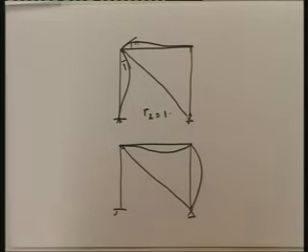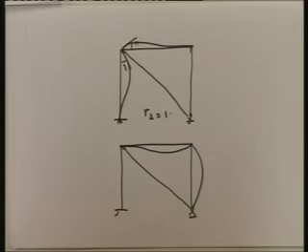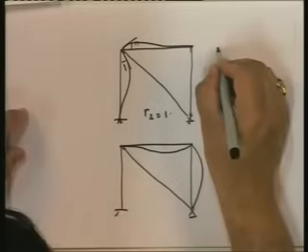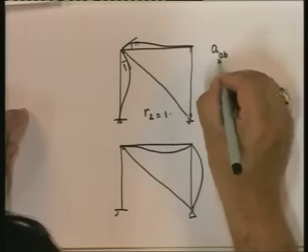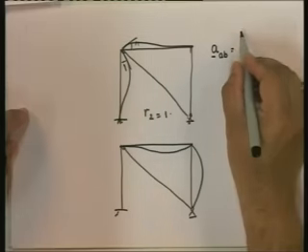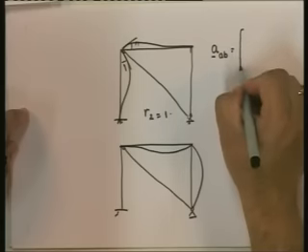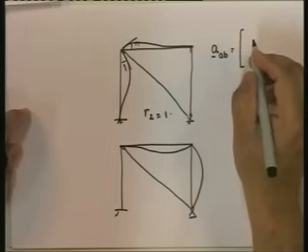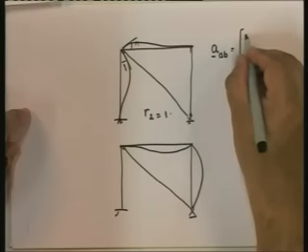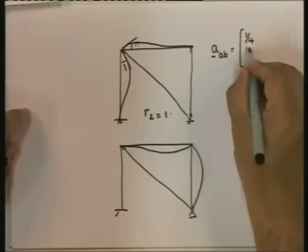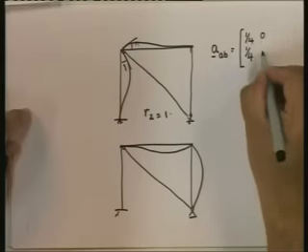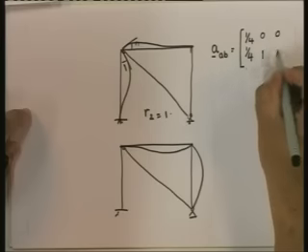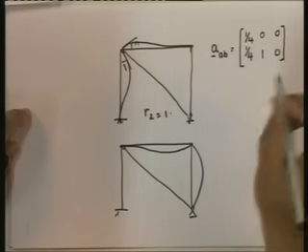And therefore, if we were to write down our A's, so A, B is equal to, corresponding to the first degree of freedom, this is 1 by 4, 1 by 4. Corresponding to the second degree of freedom, this is 0, 1. Corresponding to the third degree of freedom, this is 0, 0.